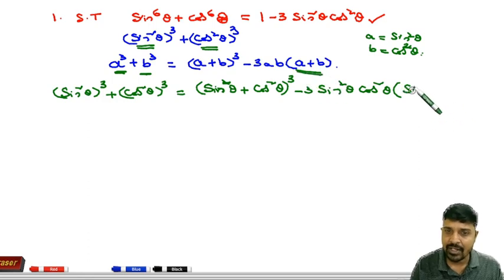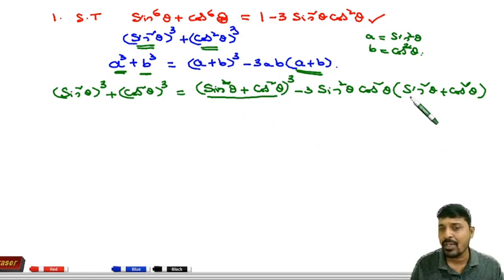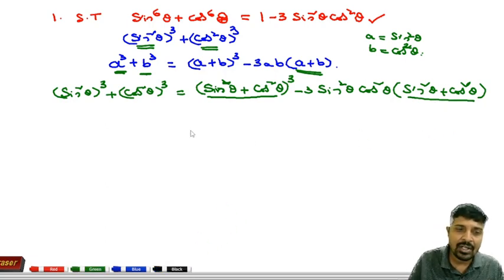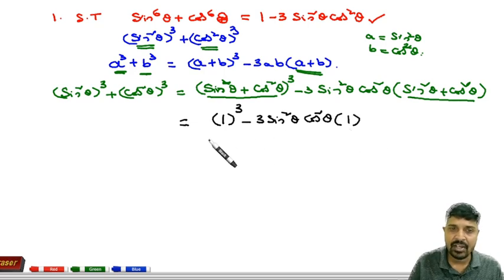Again you are going to write sin square theta plus cos square theta. From the trigonometric identity we know that sin square theta plus cos square theta is 1. Here we can write 1 and here also we can write 1. So the next step is 1 whole cube minus 3 sin square theta cos square theta times 1.